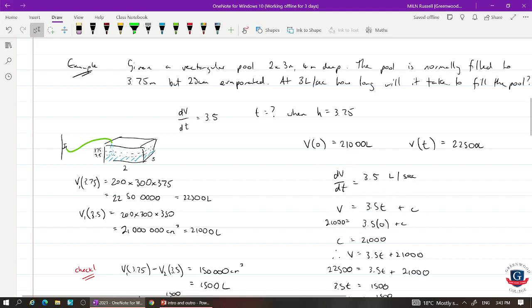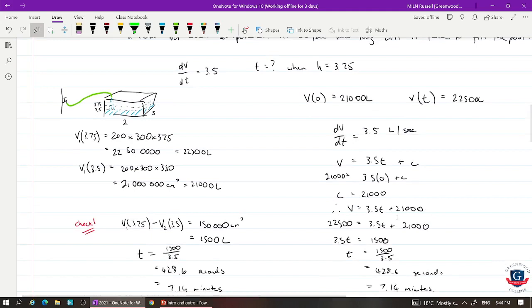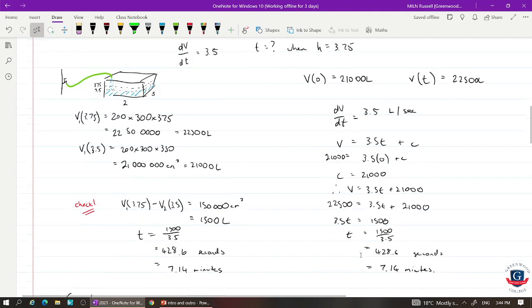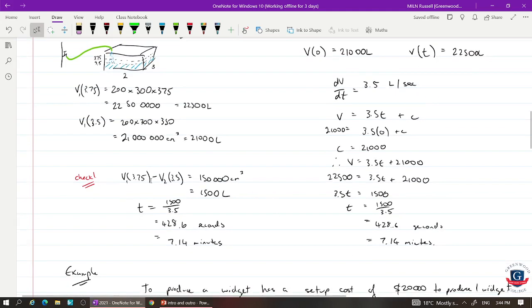Substitute in the value that we know, 21,000 at 0 plus C, so that'll give us C equals 21,000, the startup value. There's our formula for volume. Solve for t when V is 22,500, the question that we posed up here, and we find out that t is 428.6 seconds or 7.14 minutes, which, like before, we could solve quite trivially as long as we understand what's going on.